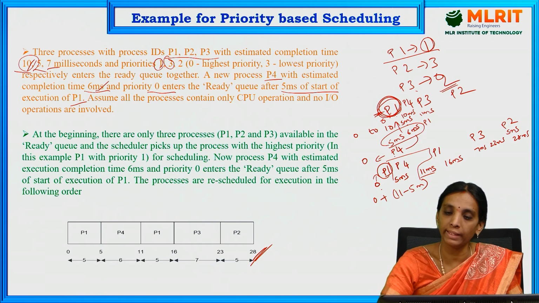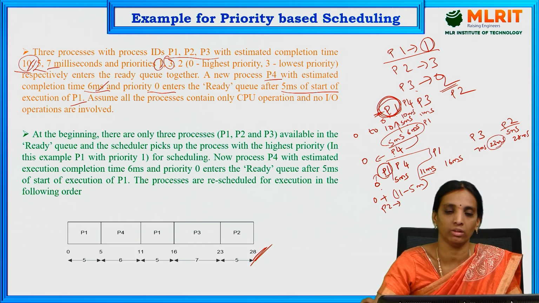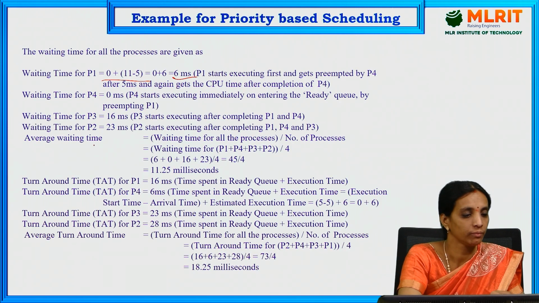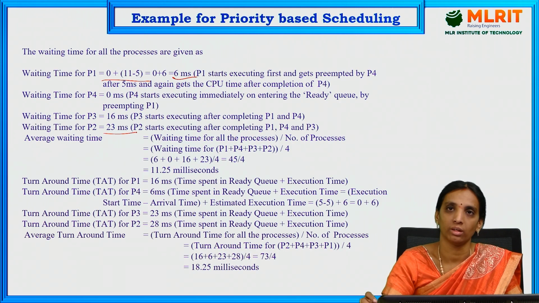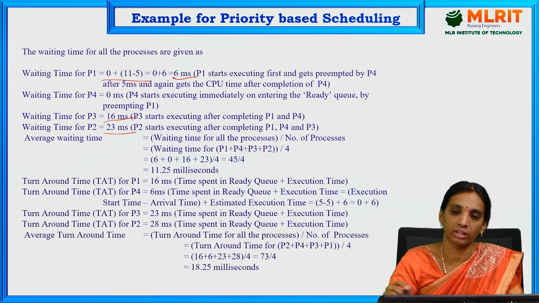And next, P2 waiting time. So, what is the waiting time for P2? Here P2 enters into the process at 23 milliseconds. Therefore, it is 23 milliseconds. Next P3. So, P3 enters into the process at 16 milliseconds. Therefore, it is 16 milliseconds.